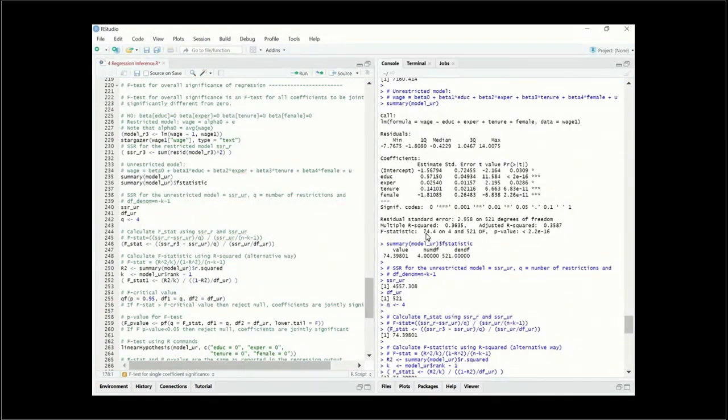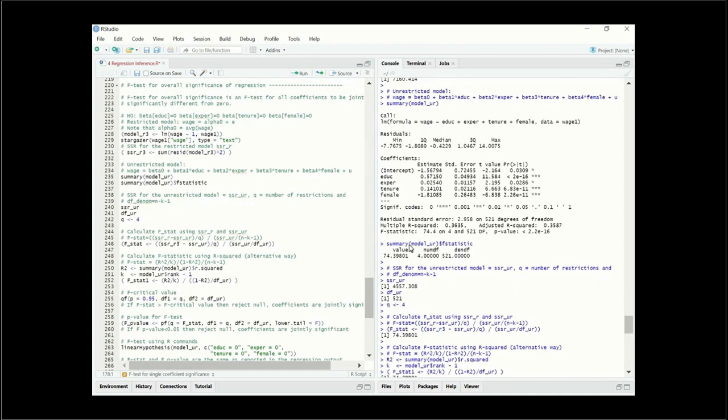So this F statistic for overall significance is already reported as part of the output. And here we're concluding that because the p-value is less than 0.05, we have overall significance. This means that these coefficients are jointly significantly different from 0. If we look at them individually, this is significant, this is significant, this is significant, but they're also jointly significantly different from 0.